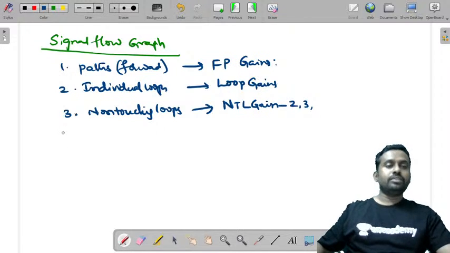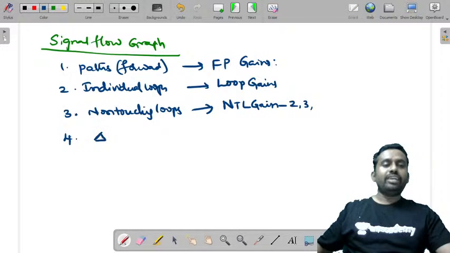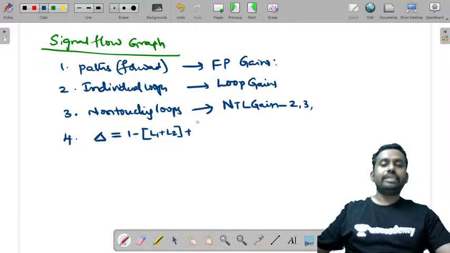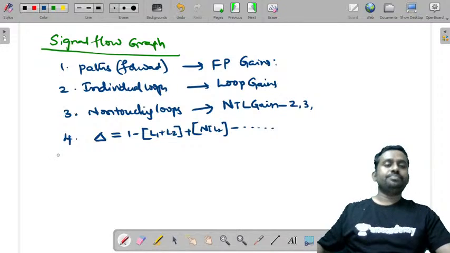Now at the end, find the value of delta, that is 1 minus the loop gains L1 plus L2 plus and so on, plus the sum of products of 2 non-touching loops taken at a time, and so on. Then, comparing these two, whether the individual loop is touching the forward path or not, find the delta 1, delta 2, delta 3 values.